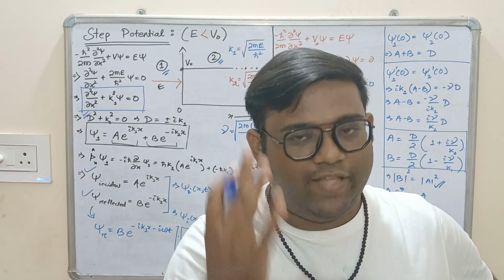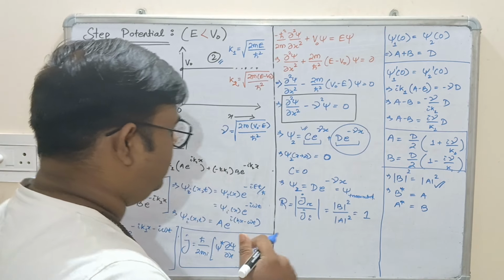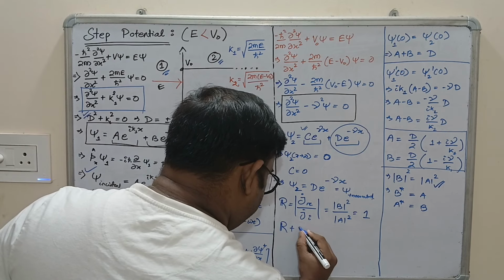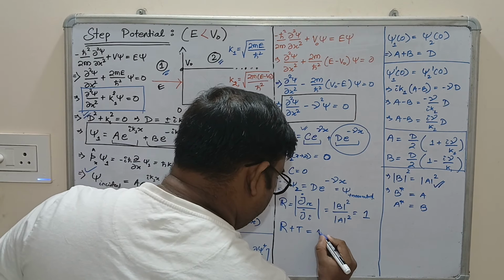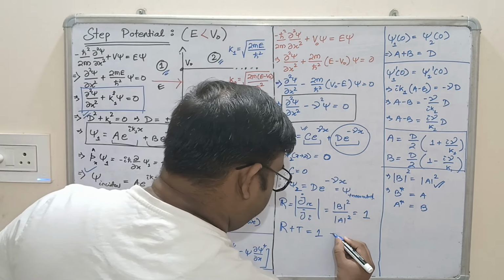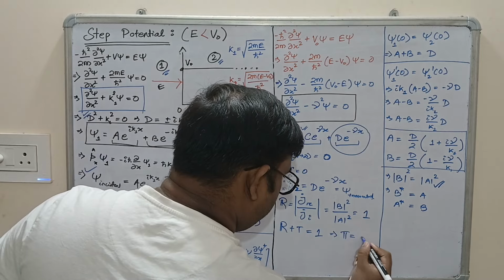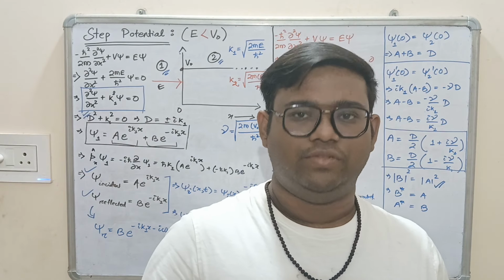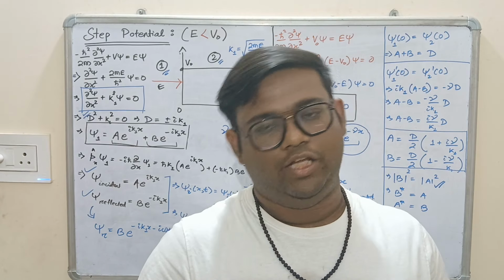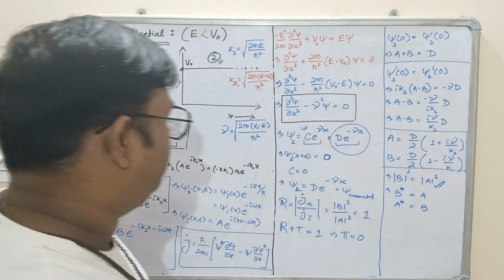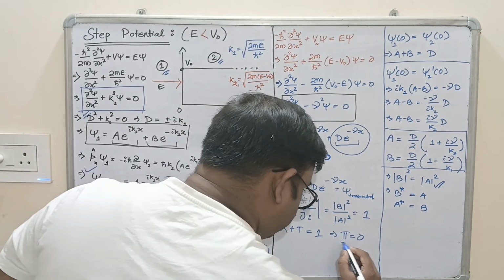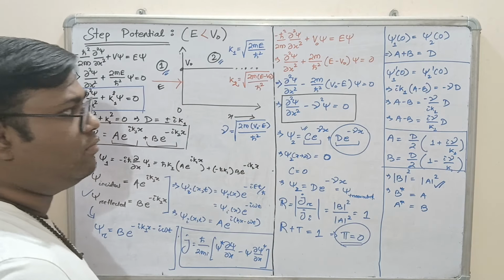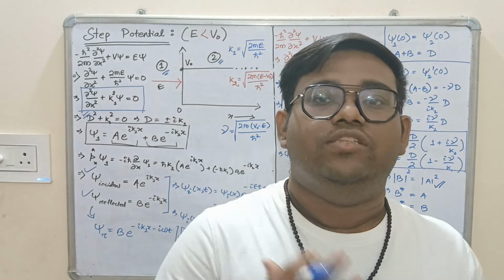Now, if R is coming out to be 1 and R plus T is equal to 1, then T will be what? T will be 0. If T is 0, that means there is no transmission.